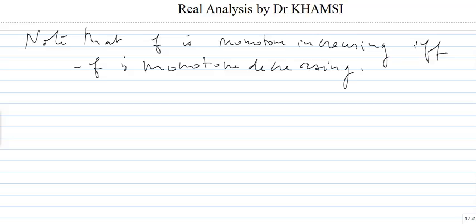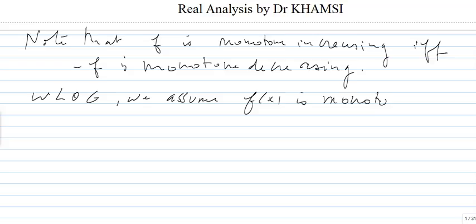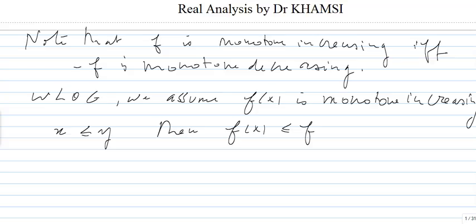And therefore, without loss of generality, we assume f of x is monotone increasing. Okay, great. So, what does that mean? It means that if x is less or equal than y, then f of x is less or equal than f of y, for every x and y in the domain.